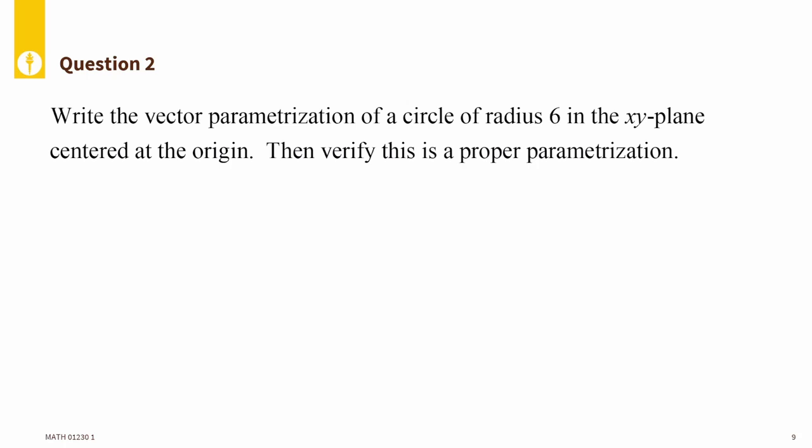Start with a set of parametric equations of just a circle of radius 6, centered at the origin. Well, it's not even centered at the origin. Centered at (a, b). I'll do general radius R. I'll just do the general parameterization.